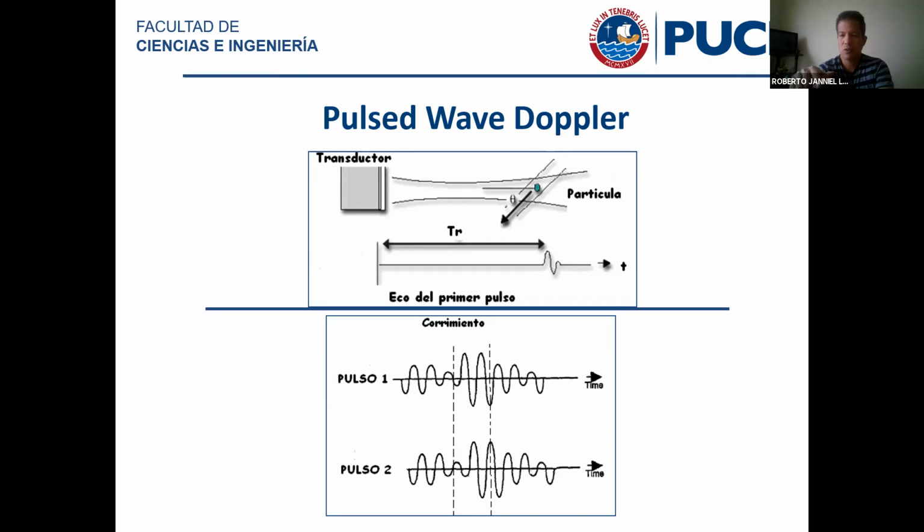And the particle is going to be either closer or farther away from the transducer because it moved, right? And that's going to change the arrival time of the echo. So you can look at both echoes and say, okay, in the first one, it took, whatever, 100 microseconds for the signal to arrive. In the second one, it took 101 microseconds for the signal to arrive.